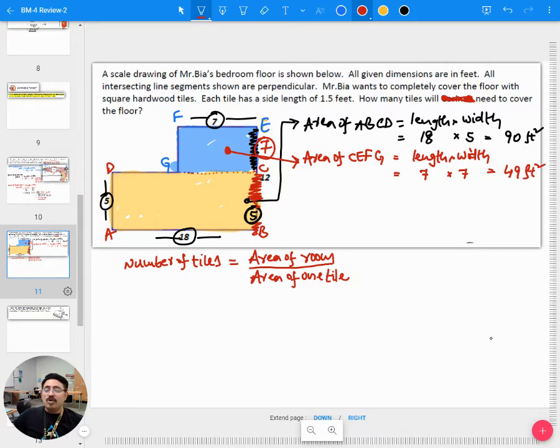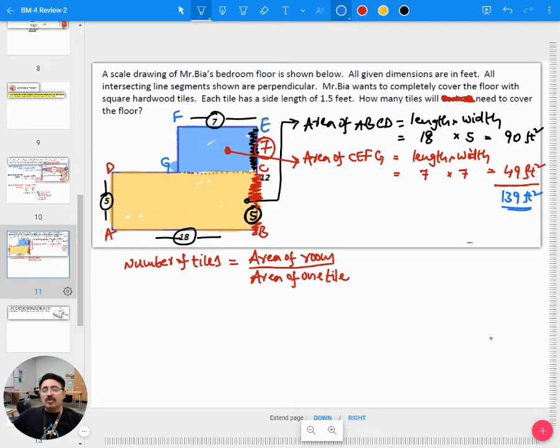Good. So what is the total? By combining these two, we get the total area. So 90 plus 49, it is 139. Yes, it is 139 square feet.